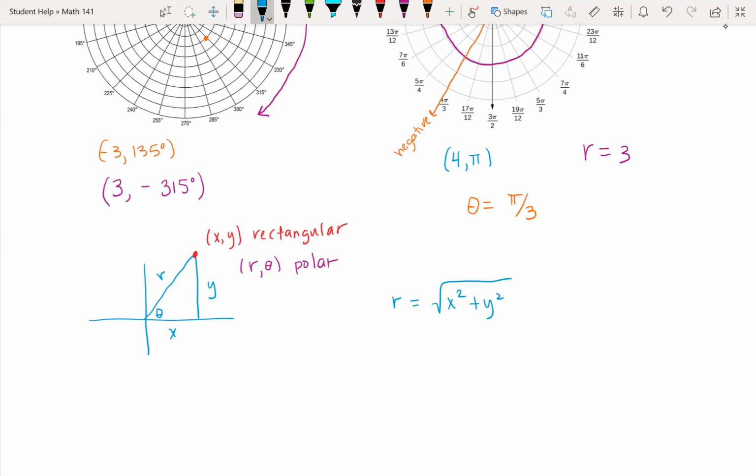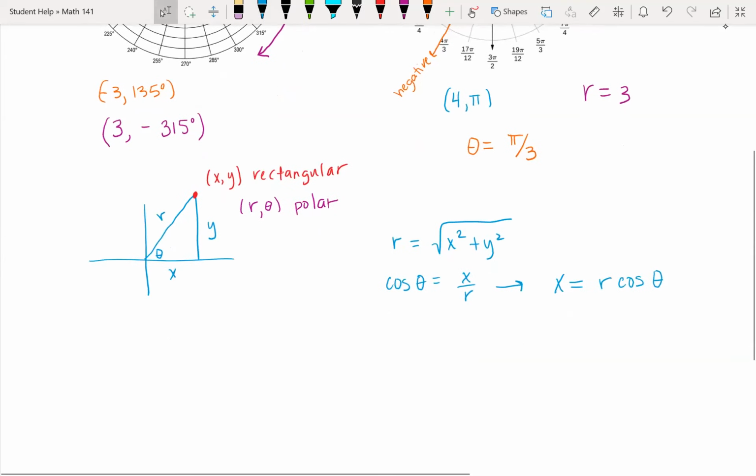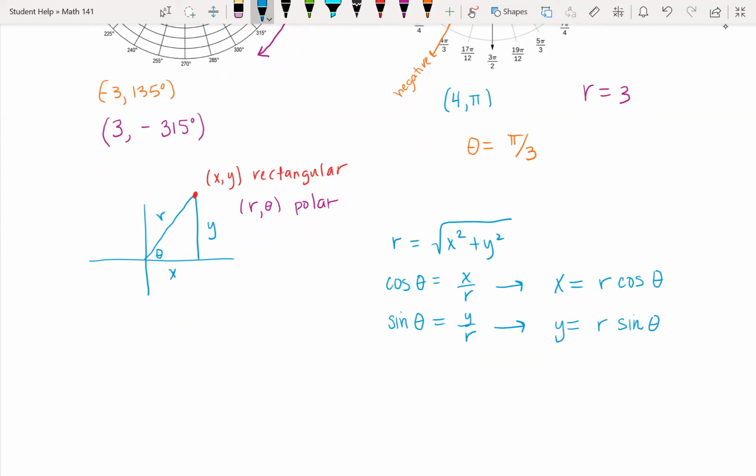We know that the cosine of theta is x over r, and we'll actually use it rearranged as x equals r cosine theta. We also know that the sine of the angle is y over r, and again we'll rearrange that and write it as y equals r times the sine of theta.